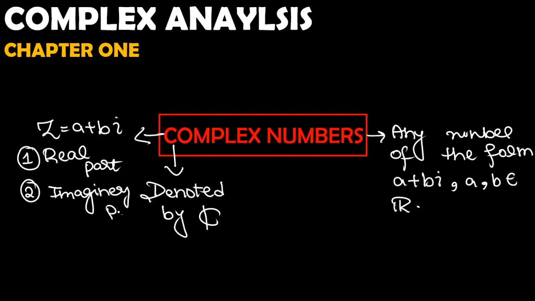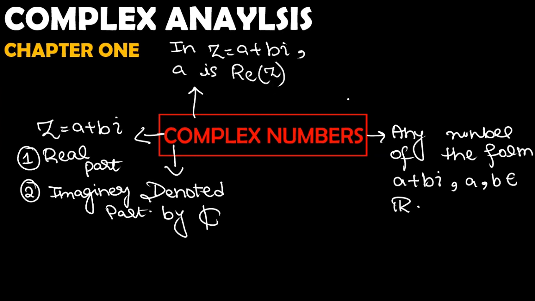In the complex number Z is equal to a plus b iota, a is called the real part of Z, and b iota is called the imaginary part of Z.